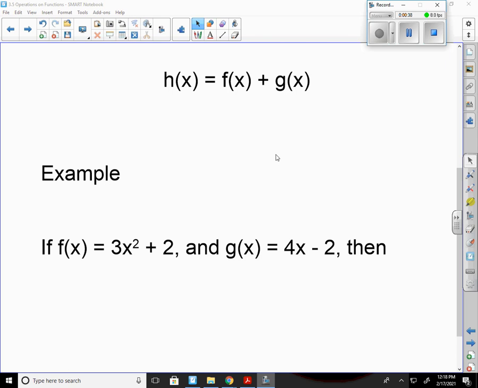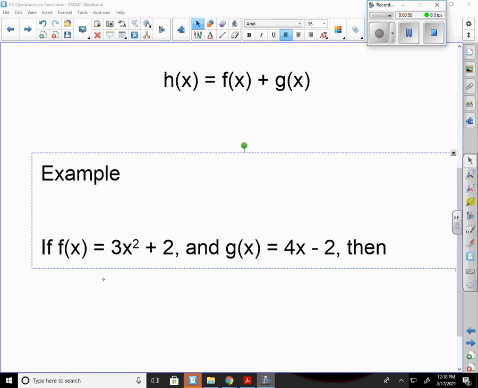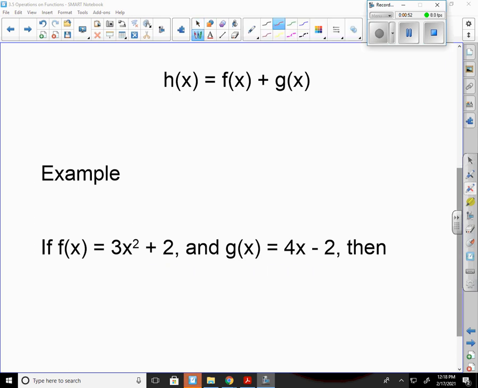So, for our example, we have f of x equals 3x squared plus 2, and g of x equals 4x minus 2. Okay, so then f of x plus g of x is equal to just adding these two together. 3x squared plus 2 plus 4x minus 2.